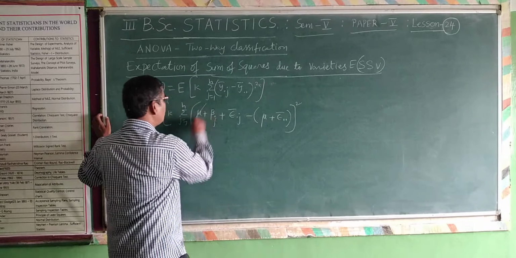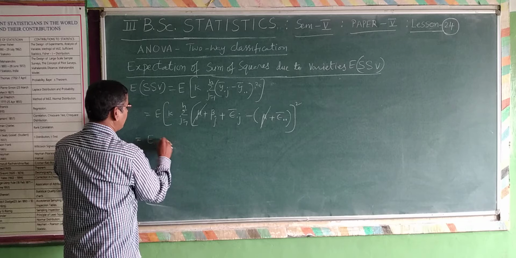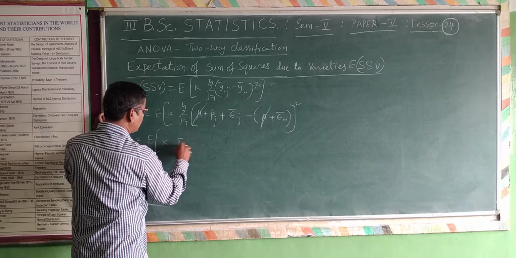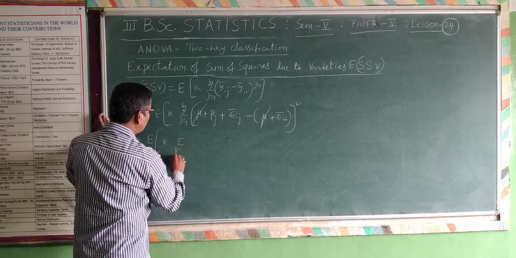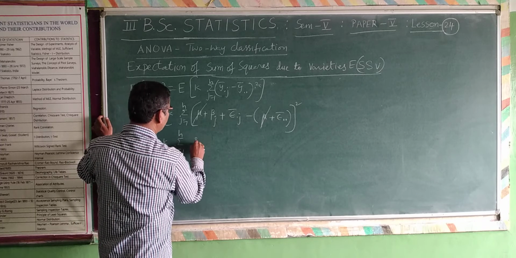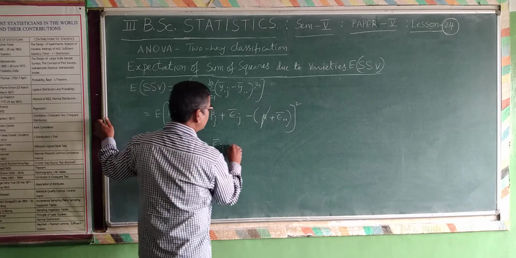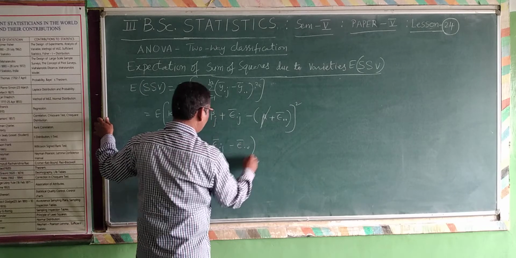Now we can cancel out mu here, and the remaining values: expectation of K multiplied by summation j is equal to 1 to H of beta j plus epsilon bar dot j minus epsilon bar dot dot, the whole square.